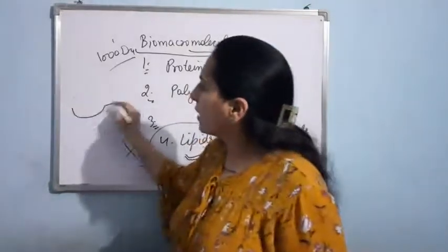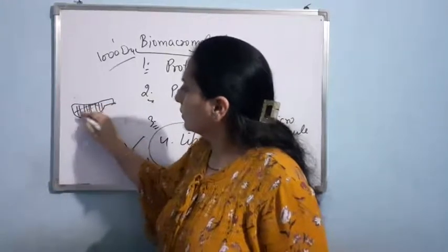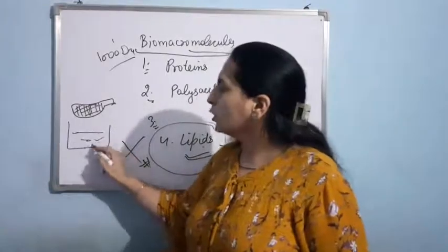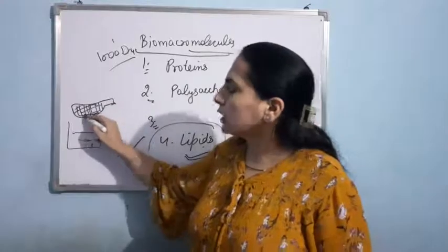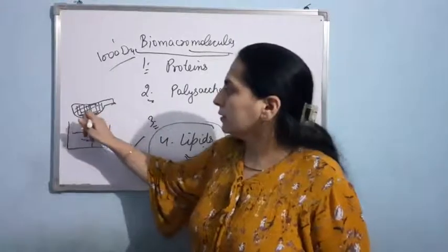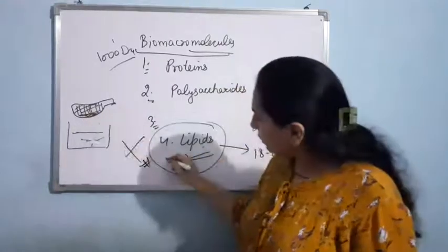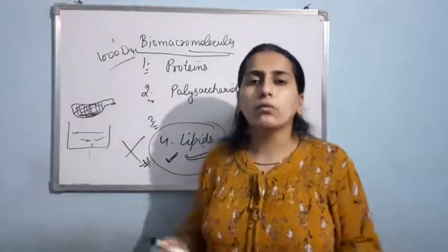Like if we are having the sieve, there is the beaker. In the beaker, as I told you, biomicromolecules will be obtained, and here the biomacromolecules will be retained. In the biomacromolecules, there will be present lipids, but the lipids are not biomacromolecules.